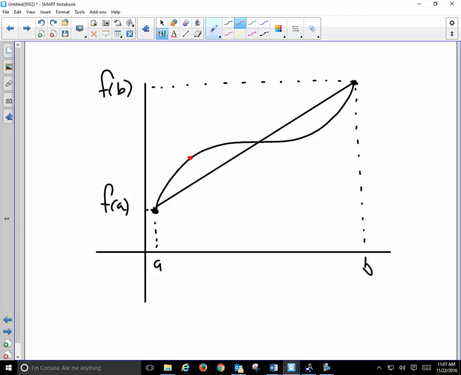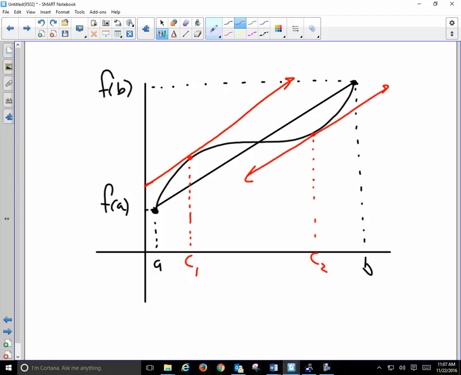Okay, so if we were to draw a tangent line there, you can see that it looks like it's parallel to the other segment, right? So this would be a value c. I'll call it c sub 1. There's also another spot, isn't there? So in this case, there's two values that satisfy the mean value theorem.